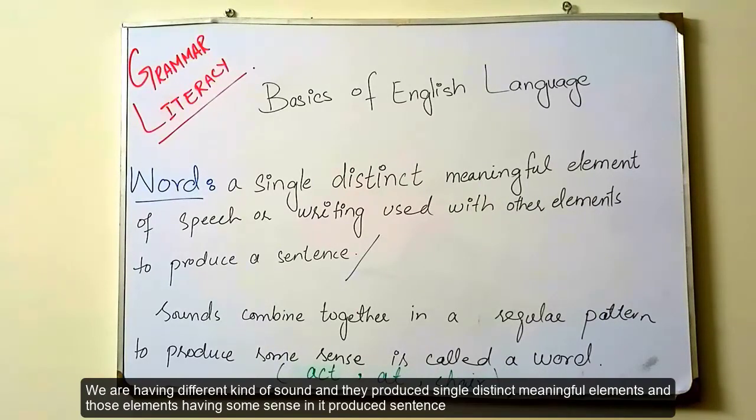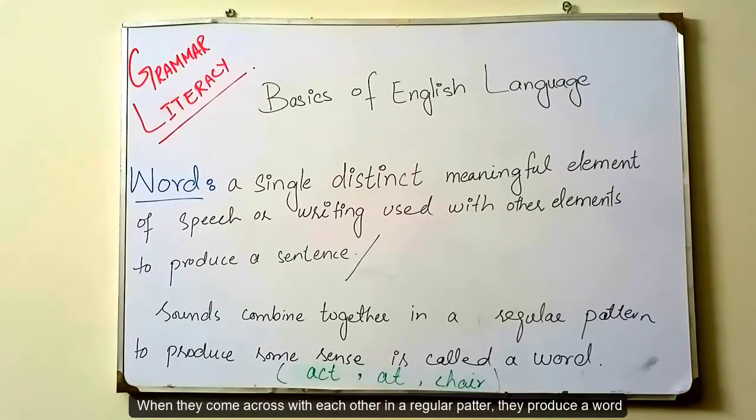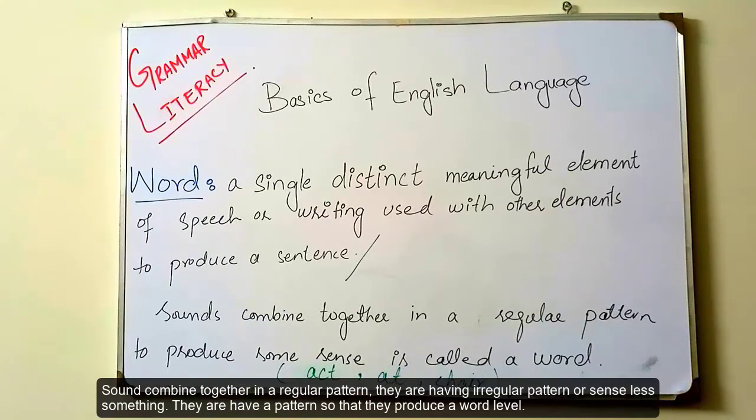When they come across each other in a regular pattern, they produce the word. Sounds combined together in a regular pattern. We are not having irregular or senseless combinations. They have a regular pattern so that they produce a word level.